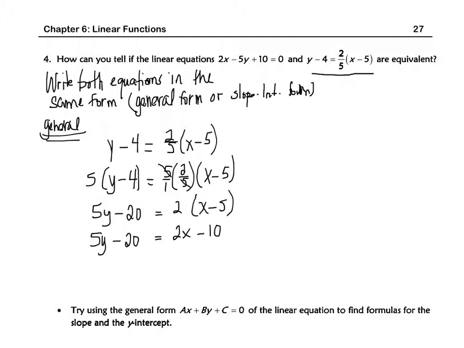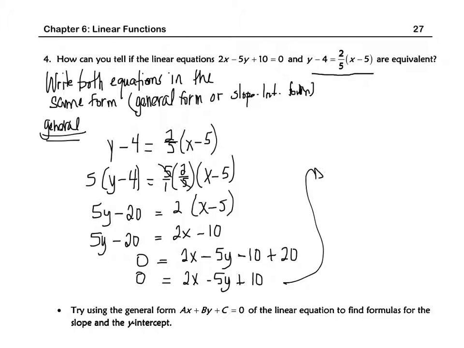And then I'm going to bring everything to the side where x is already positive, so that'd be 2x. Bring over that 5y, it's going to be minus 5y. And then you've already got a negative 10 there, and you're going to bring over that negative 20 as a positive 20. So then you've got 2x minus 5y plus 10 equals 0.